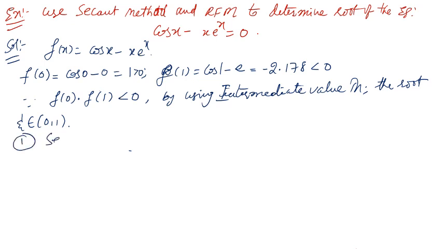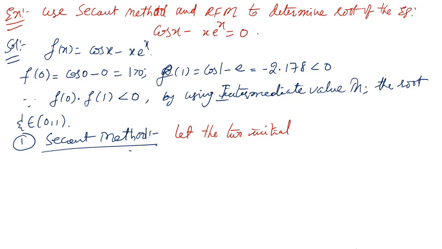Now let me consider the secant method first. In the secant method or regular falsi method, we need two initial approximations. Let the two initial approximations be x0 equal to 0 and x1 equal to 1. Whatever the starting values are, I consider those two as initial approximations.